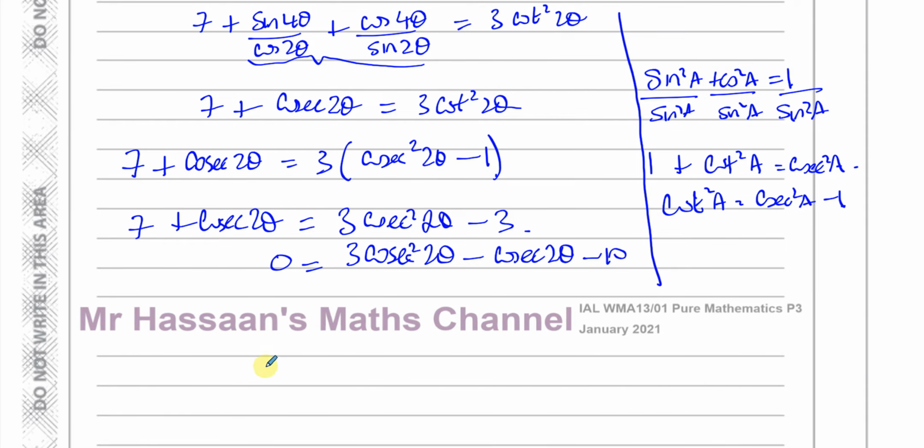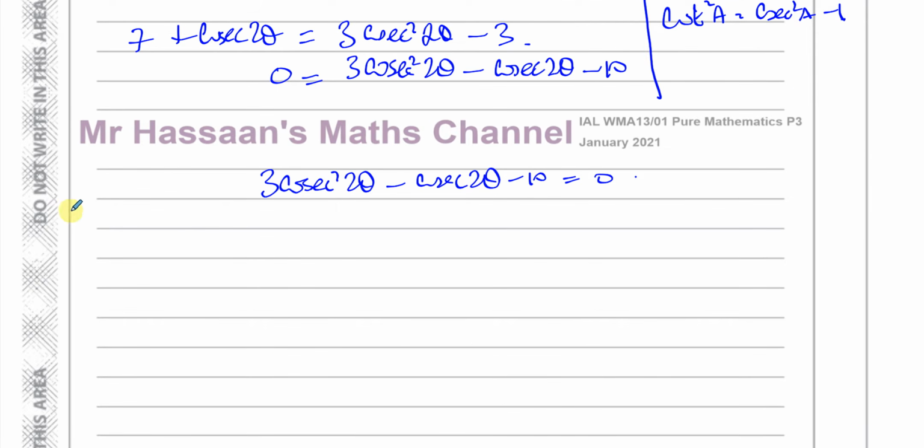So I end up with this quadratic equation, 3 cosec squared 2 theta minus cosec 2 theta minus 10 equals 0. Now to make life easier, so I don't have to keep writing cosec, I say let, for example, b equal cosec theta. So this will become 3b squared minus b minus 10 equals 0.